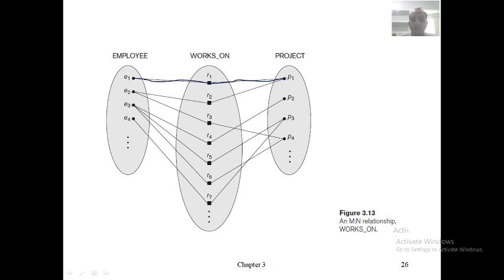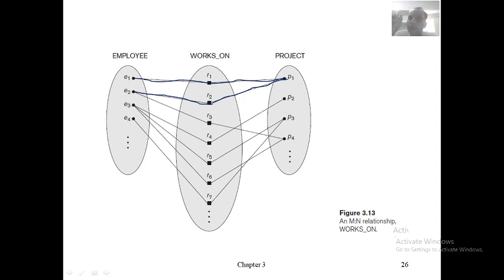Then employee 2 also works on project P1. There is one project, and for that project there are two employees working. Who are those? Employee 1 and employee 2. Got it?